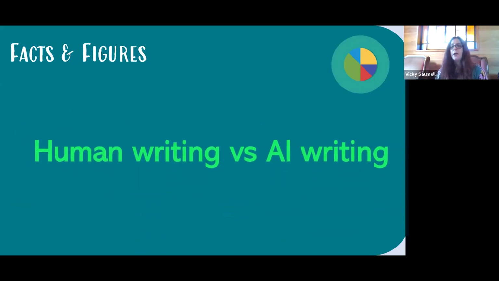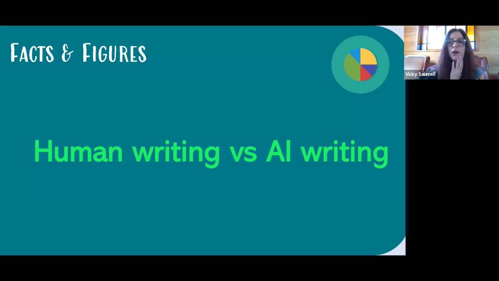Okay. Now, this section of data is particularly interesting as it is information I have recently found, and I was really surprised, so I want to share it with you. What happens if we compare human writing with AI writing, and we compare how much energy, water, everything is used? How energy intensive is each of these activities?